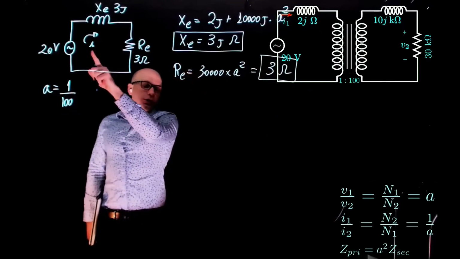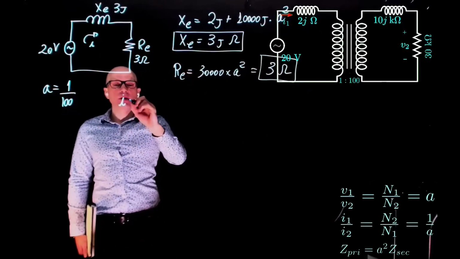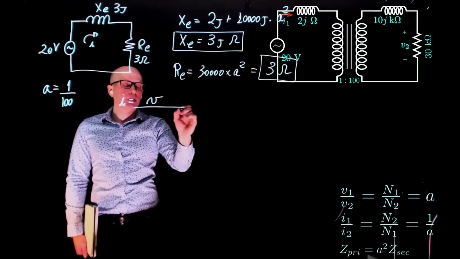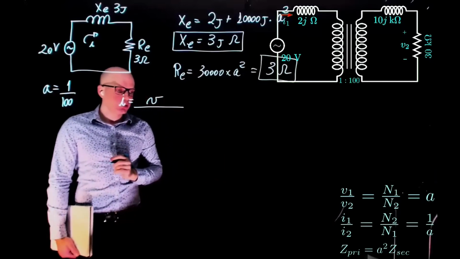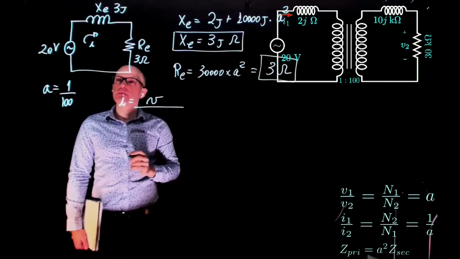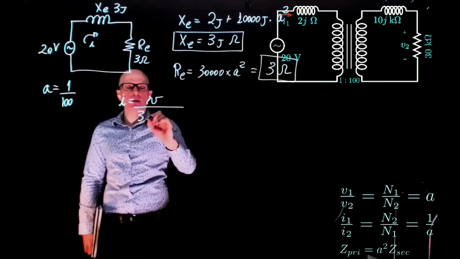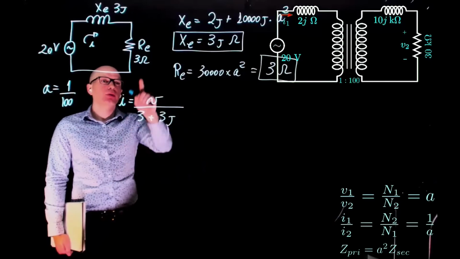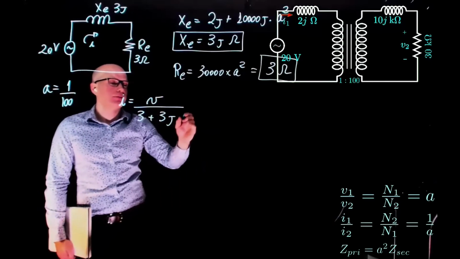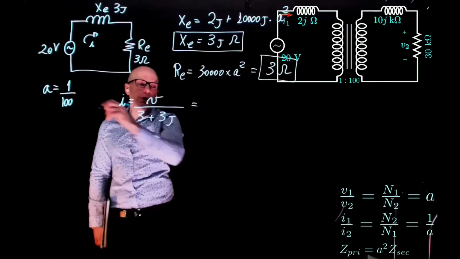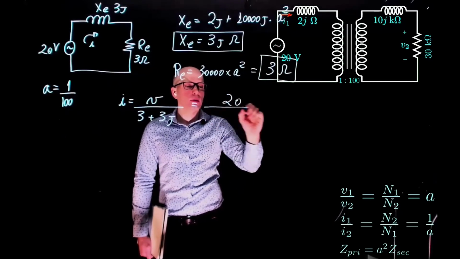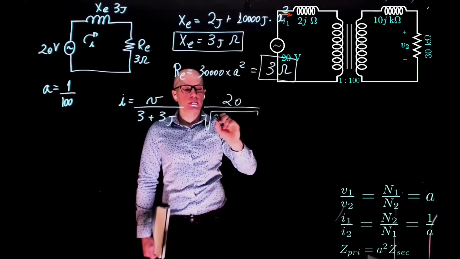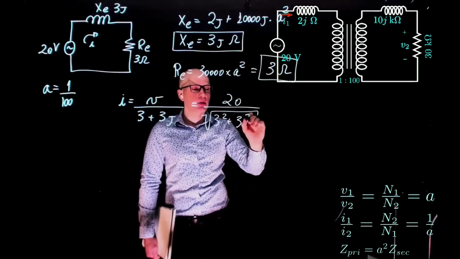Now we can calculate the current. What is the current there? The current will be V divided by the magnitude of the impedance. What is the impedance? 3 plus 3j. So it's 20 divided by the magnitude of the impedance, the square root of 3 squared plus 3 squared.